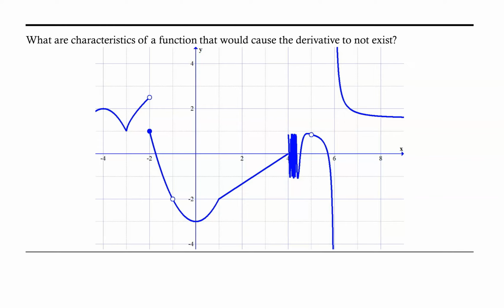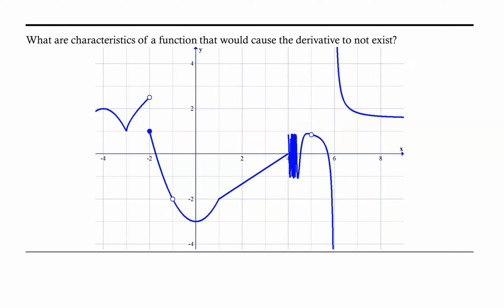Let's look at a function with the goal of understanding what characteristics of a function would cause the derivative of that function to not exist. So we have a piecewise function here that's got a lot of different things going on.